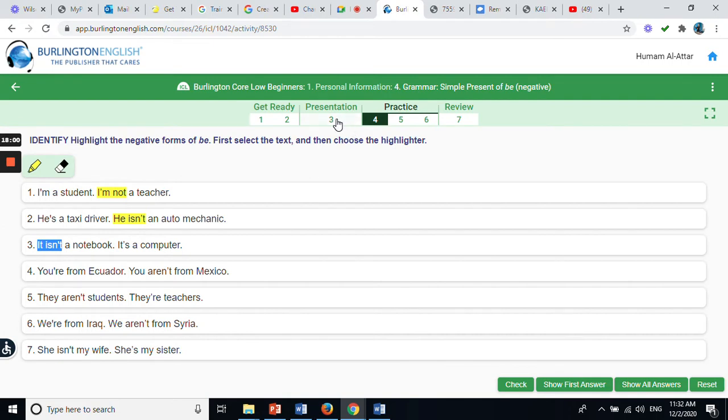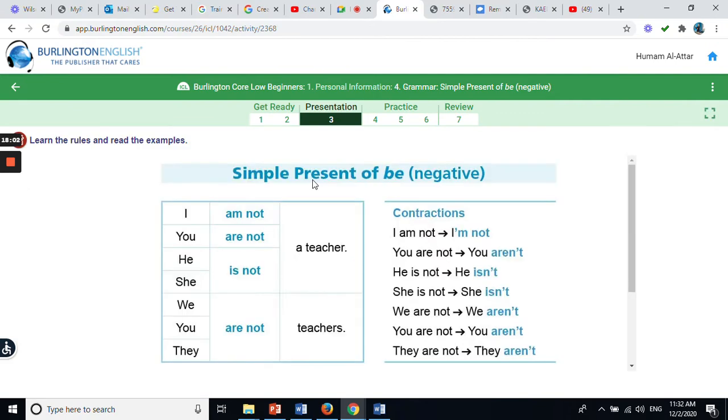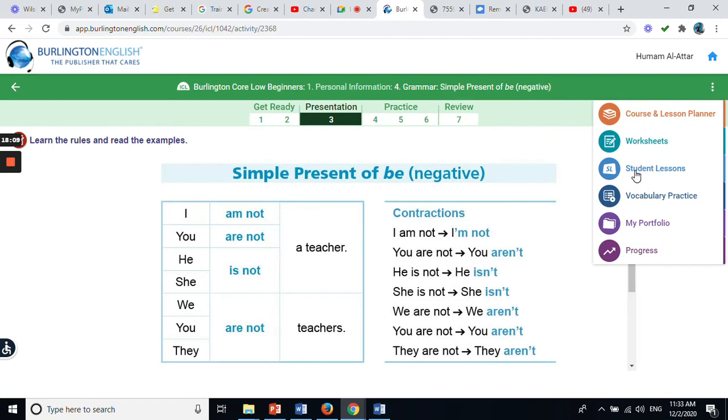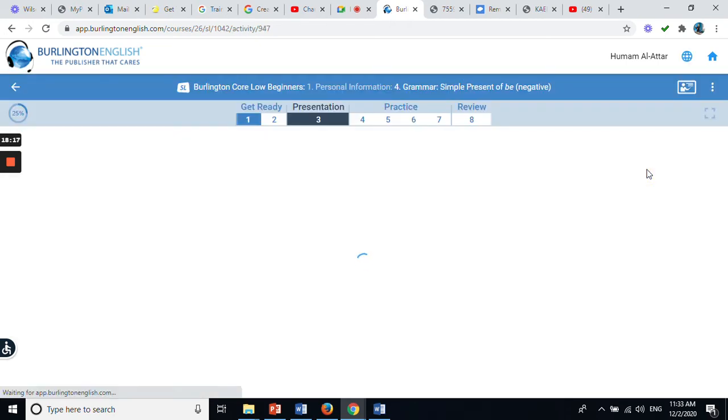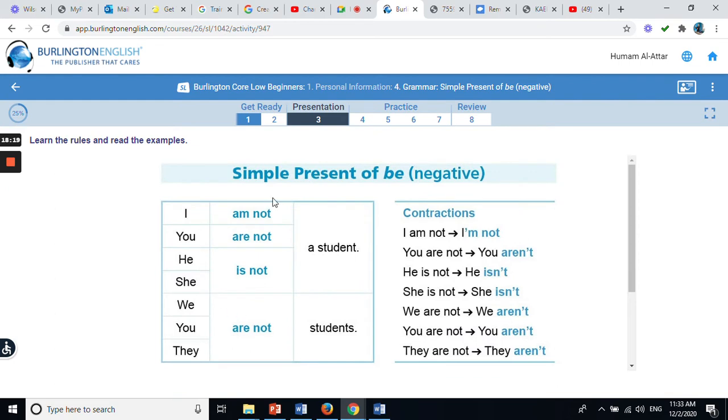Okay, after class you can go back to your student lessons on the app. You open the Burlington English app and then you click on student lessons, away from class or away from school. You can see here the rules of simple present of be.